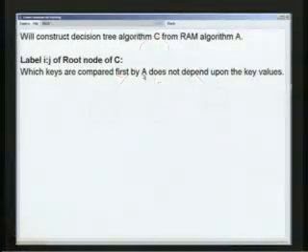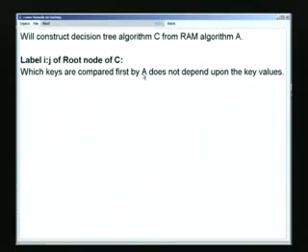So if A does a comparison, that's the only time when A can actually peep inside a key value. So clearly the first time that A peeps inside a key value is the first time A does a comparison. And in fact, which keys it compares is going to be the same no matter what the values of the keys are.